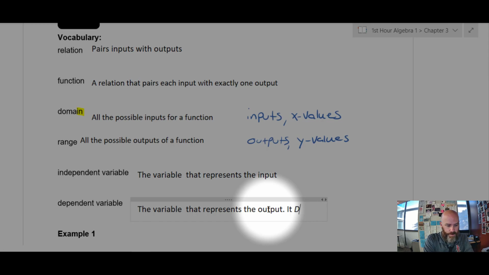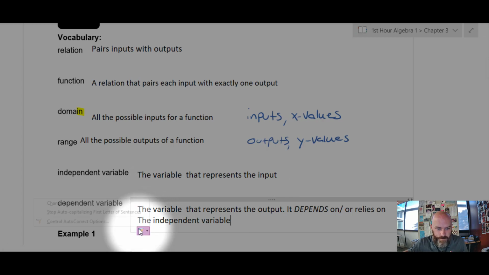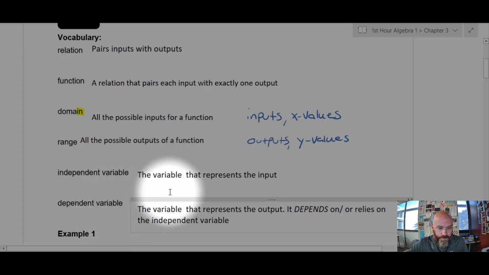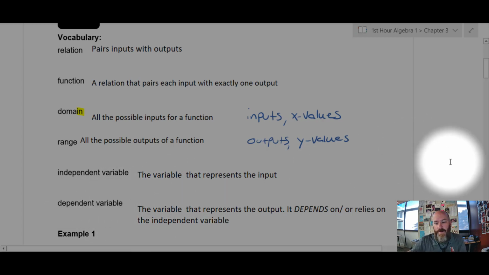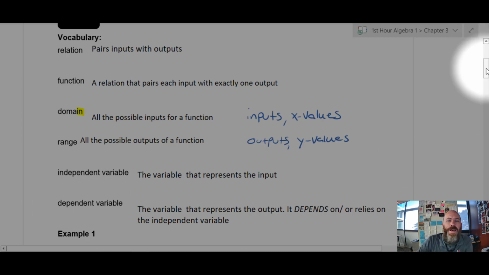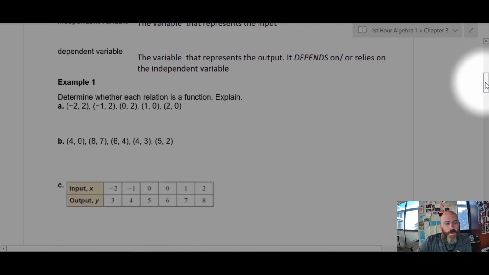It depends on or relies on the independent variable. Boom. So there's your vocabulary. You're going to be hearing a lot of these, so at least we have to go over them so you understand them. All right, example 1.